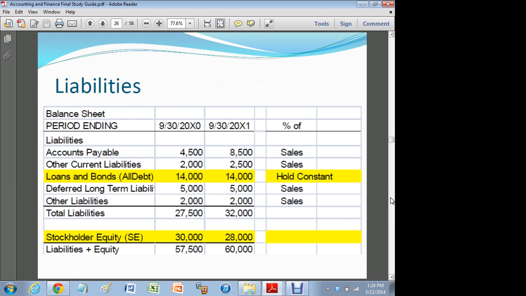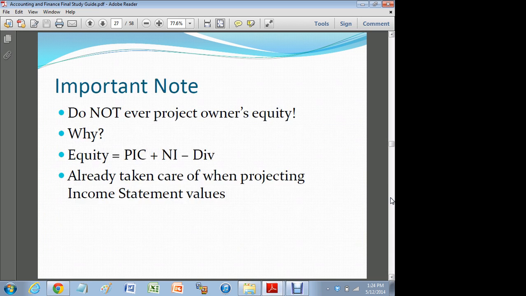Liabilities, same idea. Skip the ones that have their own rules, in which case here is the debt, but everything else, assume as a constant percentage of sales. So we do the same for assets, we do this for liabilities, but you don't do it for owner's equity because owner's equity follows its own rule.